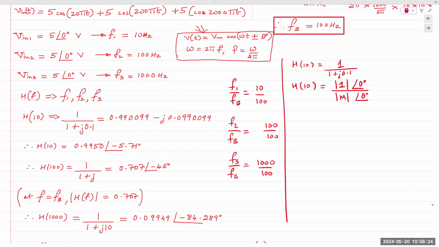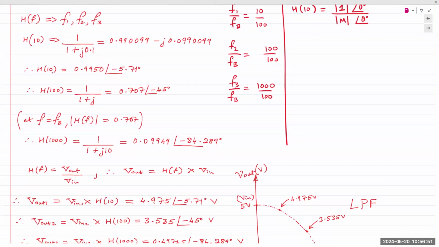We only obtain 99.5% at the output. It's not 100%. So even at a low frequency of 10 Hertz, remember, transition between the pass and the block is 100 Hertz. My input is only 10. But even at 10 Hertz, there is a slight degradation of 0.5%.